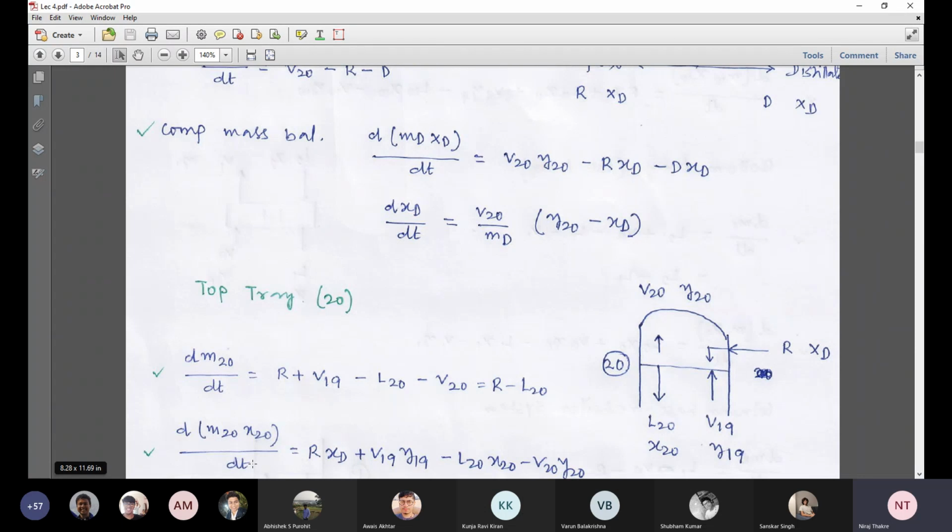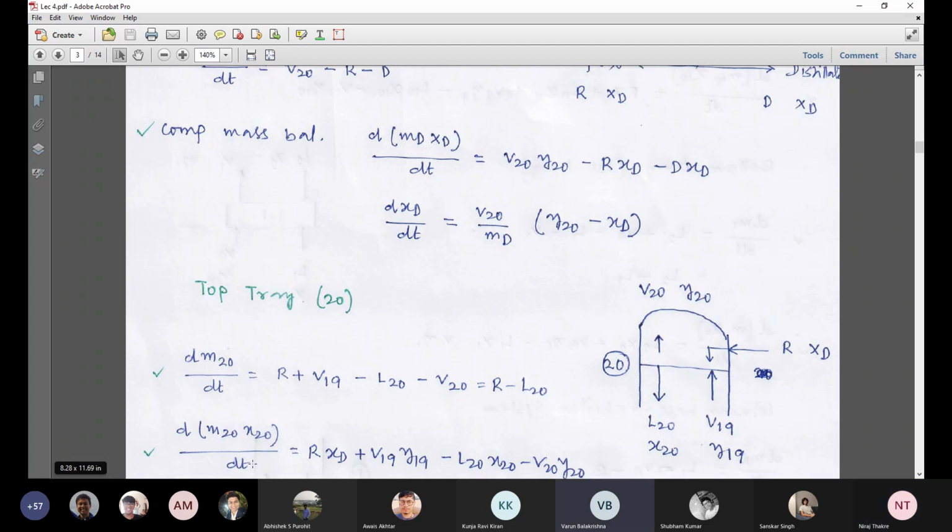What are the right hand side terms? Let me know. Anyone?